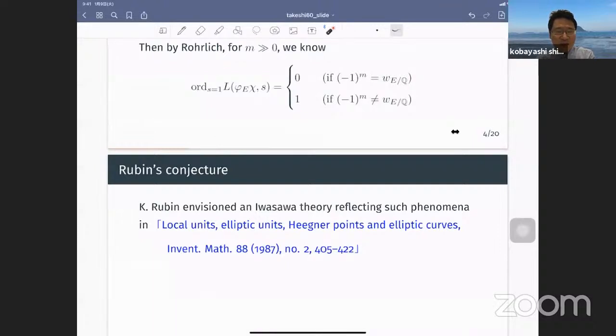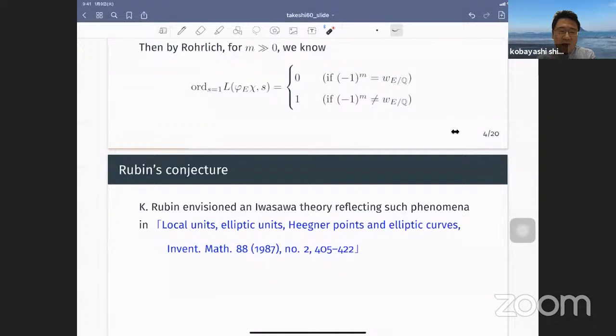So today's talk is a continuation, season 2, of my talk 20 years ago. The main content of this paper is a conjecture on the structure of the Iwasawa module of local units in the anticyclotomic Z_p-extension.